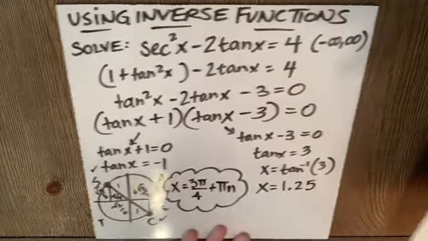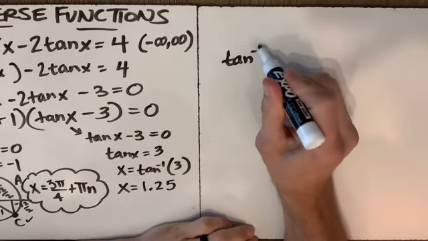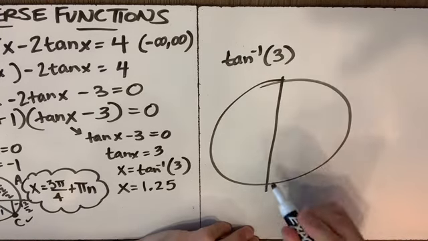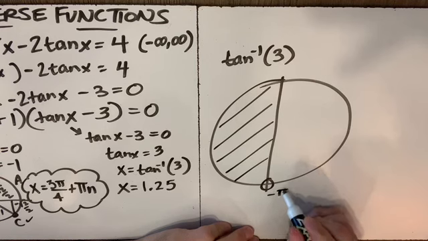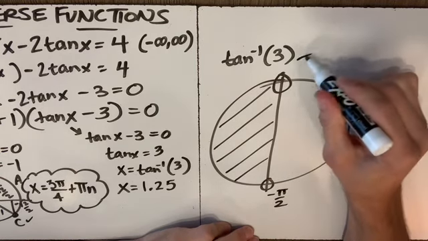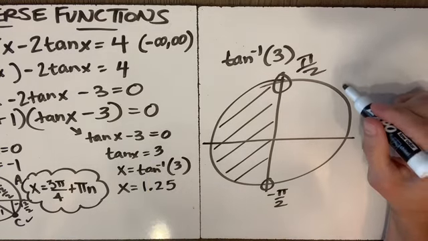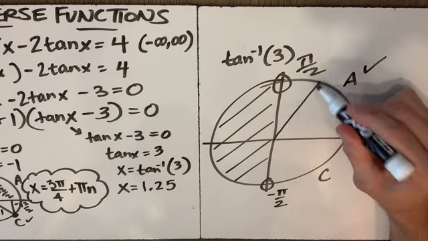Now let's look at what's going on here. If we take inverse tangent of 3, don't forget, we have to block out this side of the moon, and then we have an open circle at negative pi over 2, open circle at pi over 2, and I'm asking, where is tangent positive, ASTC? It's up here. So we get this angle here.